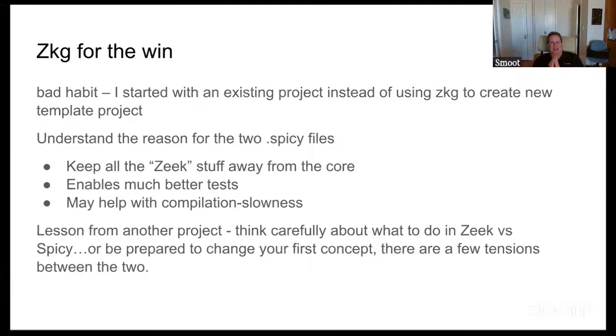Because PCAPs are my real traffic. I'm thinking about running in production. I don't really care about the spicy stuff. I totally need it to bootstrap, but in my head, I just want to get to Zeek as quickly as possible. And it turns out that's a really bad idea.